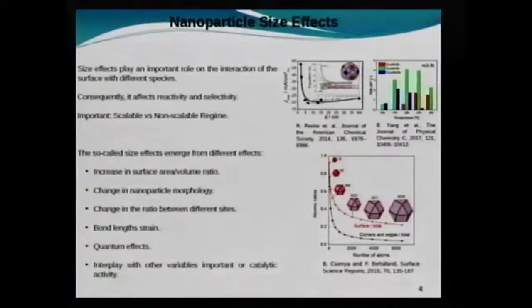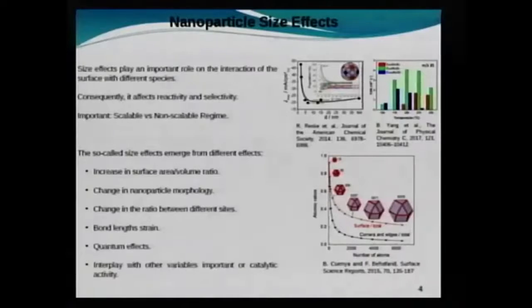Okay, so the first thing is trying to understand what are the sources of these size effects. So we have some quite intuitive things. If you decrease the nanoparticle size, you increase the surface area per volume ratio. But you also have some non-trivial effects, like you can change the nanoparticle morphology. Some of them will be preferred depending on the size. You can change the ratio between different types of sites. So this is an example of this effect.